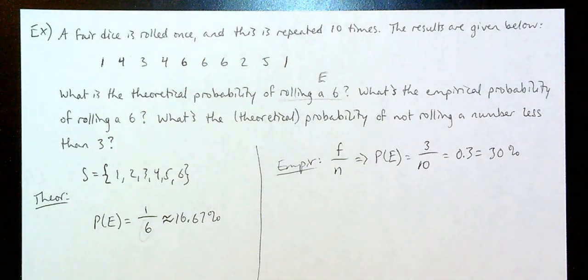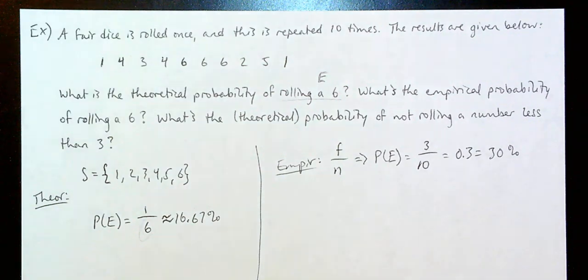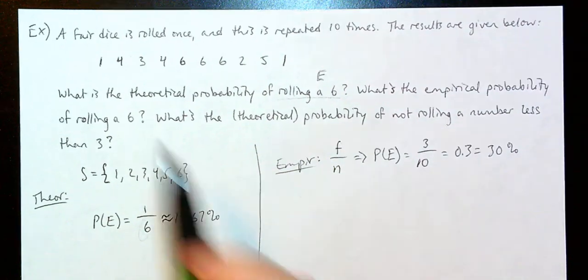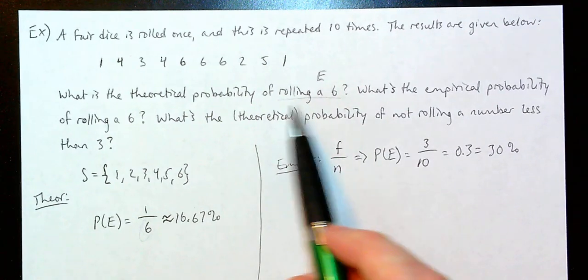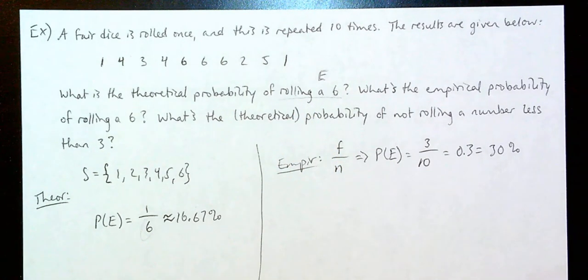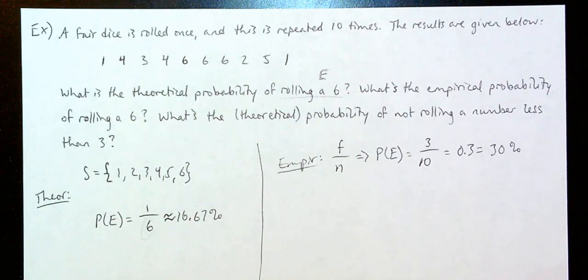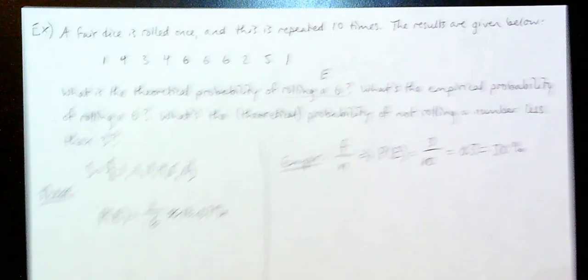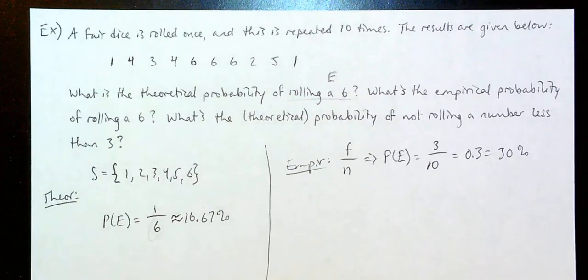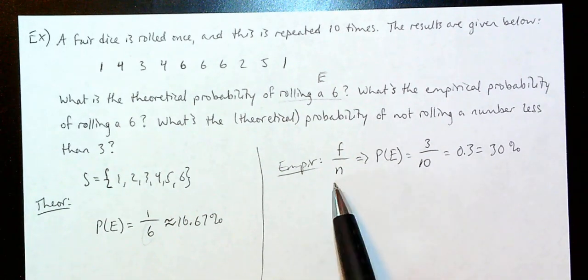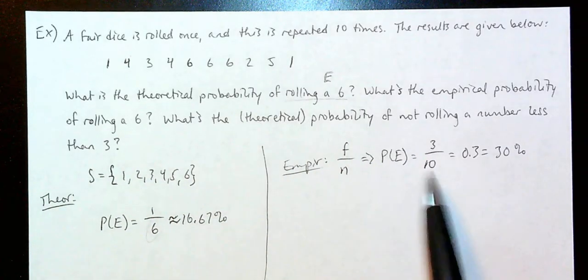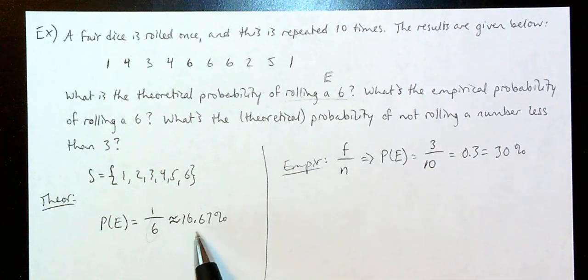If I were to do, say, 100 rolls or 100 trials, or say 1,000 trials or 10,000 trials, and if we recorded all of the results that we got from each one of those trials, and we calculated the empirical probability of this same event of rolling a 6, then we can say with reasonable certainty, and I specifically word it like that, reasonable certainty, we'll come to something like that later on in the course, but we can say with reasonable certainty that if I did f over n, I would get a percentage that is significantly closer, if not almost identical to 16.67%.